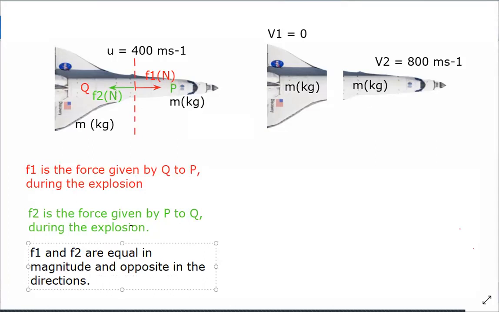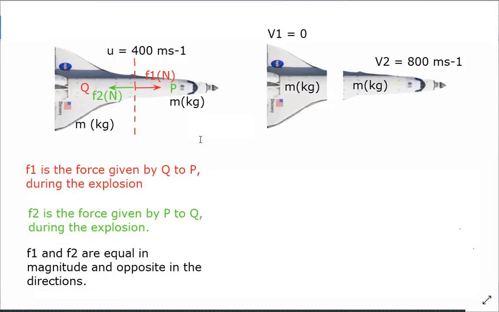Whose law is this? Newton's third law of motion. When P gives a force to Q, Q gives the same force to P. Got it? Are you okay up to this point, dear ones? Raise your hands up if you are okay up to this point.